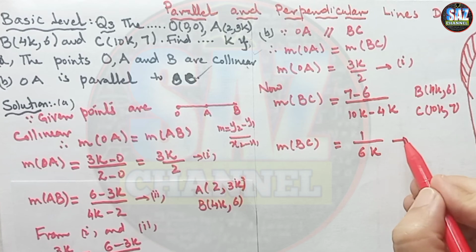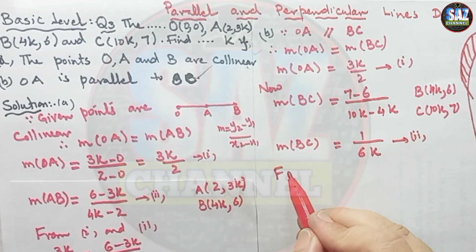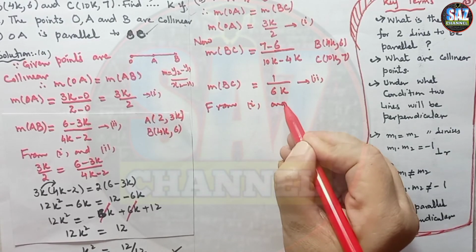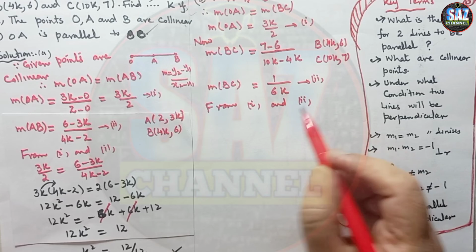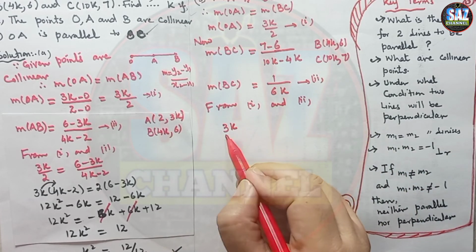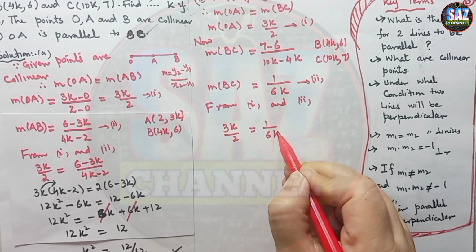Now again we have to equate these two gradients from 1 and 2. Gradient of OA, that is 3k by 2, equals 1 over 6k.